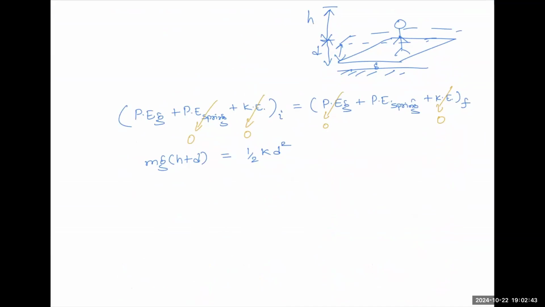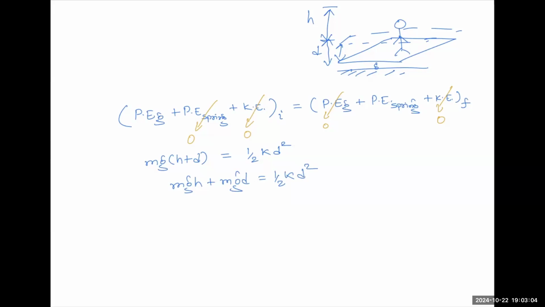So now we will try to solve for this one. Again, it will be easier if we isolate this D in some way, right? So mgh plus mgd equals half kd squared, right? And now you can write a very nice quadratic equation if you like.